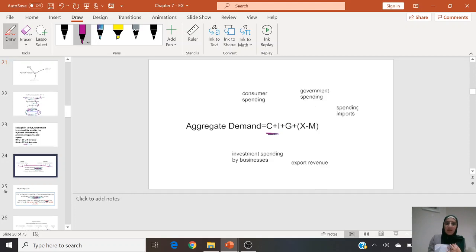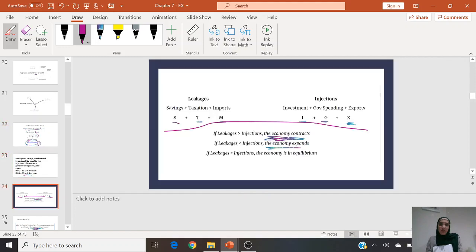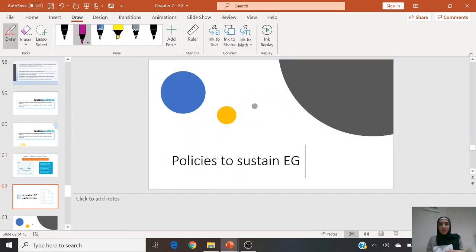It's also part of aggregate demand. But we're just going to assume that it's a part of aggregate demand and that it's an injection, because common sense says that is money that is being spent on the economy. It's not money that is being saved.